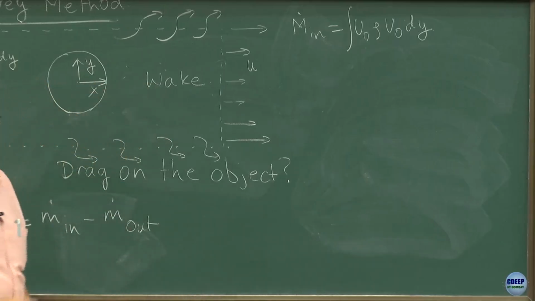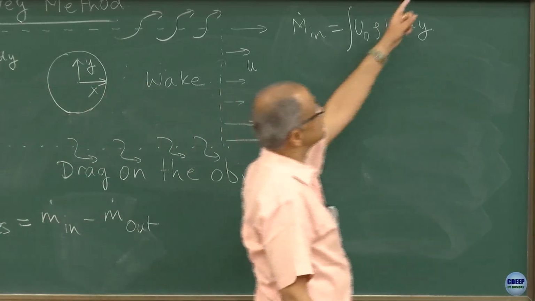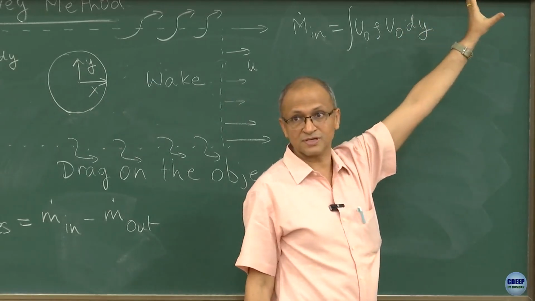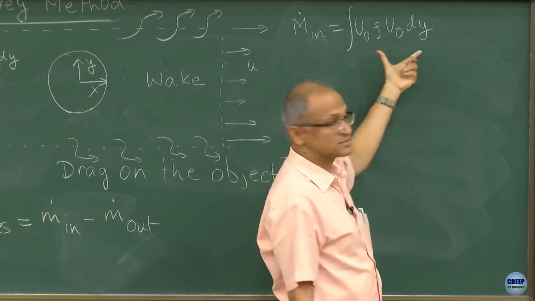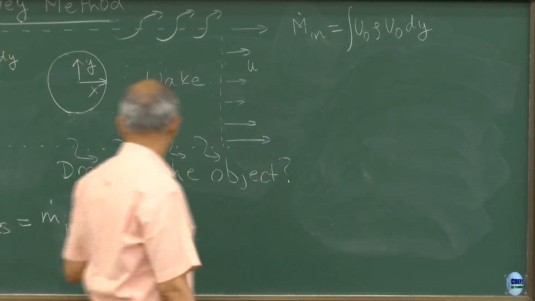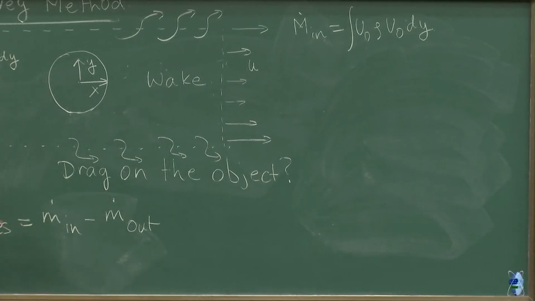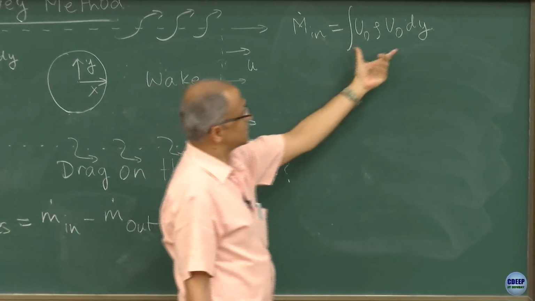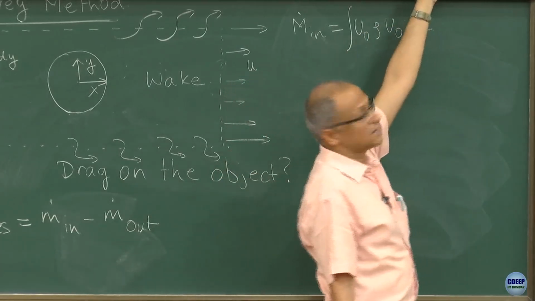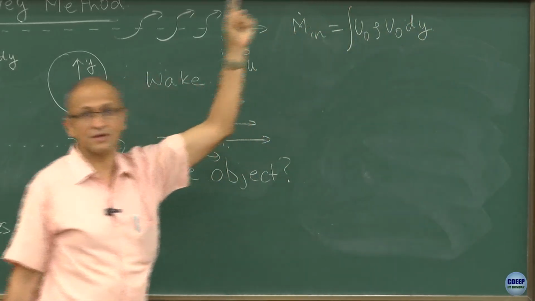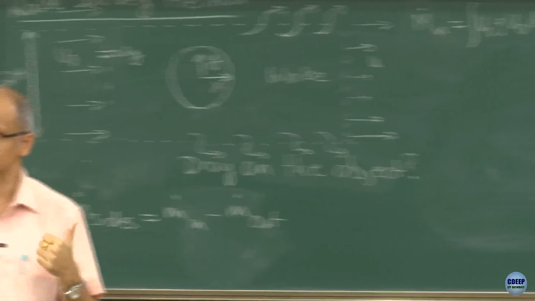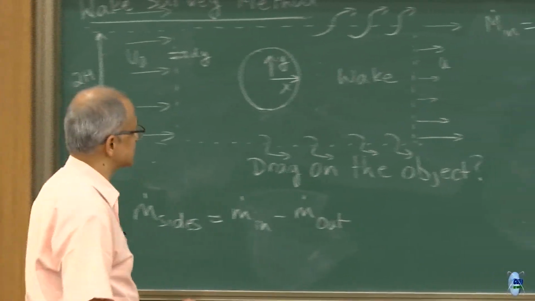Of course we have to be careful about which components we are taking. As we have said, this is a vector equation, so we need to deal with it carefully. Sometimes people write this without understanding and get it wrong. Here we are looking at force along the x direction. This is a dot product, no issues, and the x component of velocity has to be taken for finding the force along the x direction, something we said in the previous class.